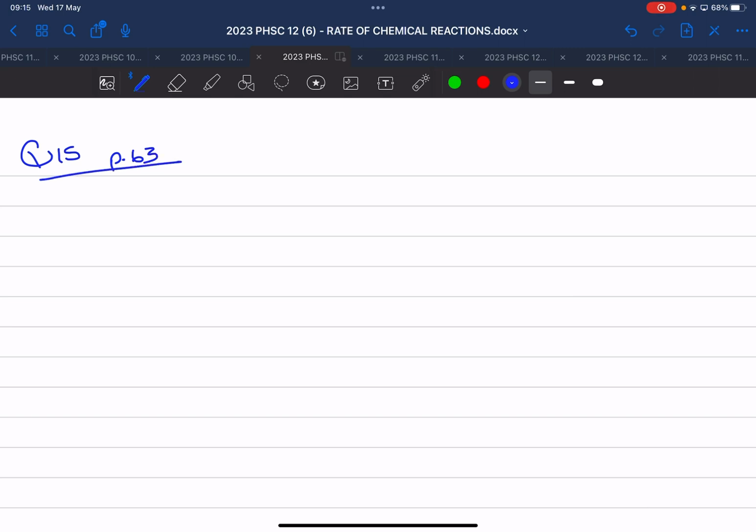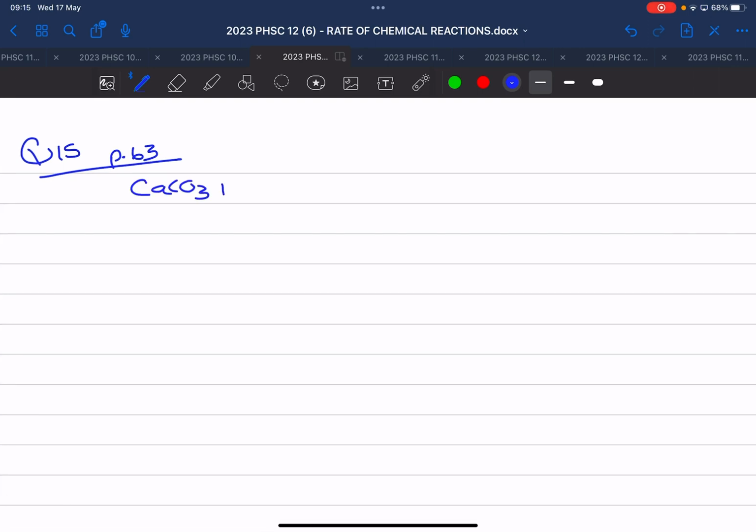They say there, the calcium carbonate in antacid tablets like Eno reacts with dilute hydrochloric acid according to the following balanced equation. There they give you the equation: calcium carbonate plus hydrochloric acid gives you calcium chloride and water, and then they say that delta H is smaller than 0.